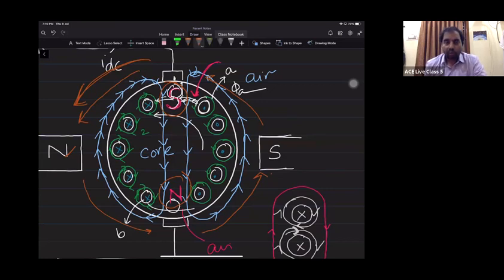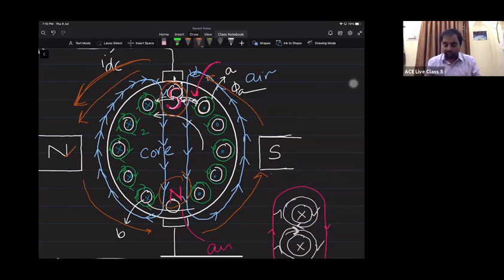And these poles see opposite poles in the field, and to align these poles with the field poles, the armature will try to rotate. So the intention of this armature is to align the south pole of the armature with the north pole and the north pole of the armature with the south pole. For that, the armature will try to rotate. Is it clear?